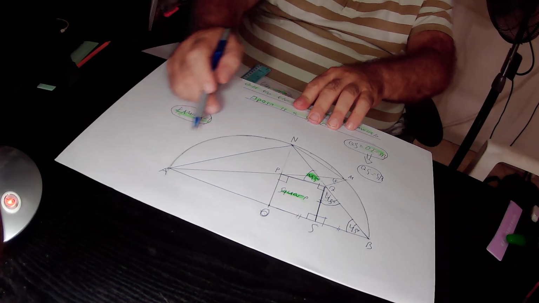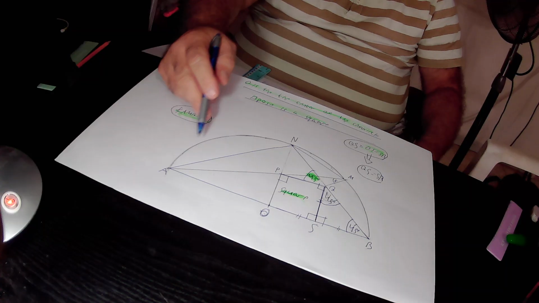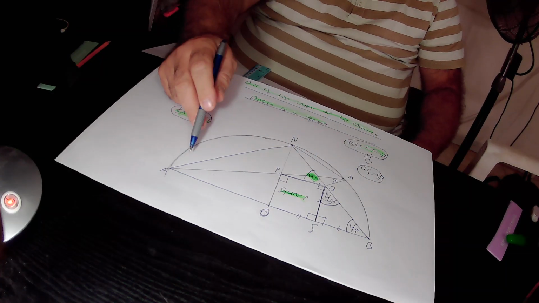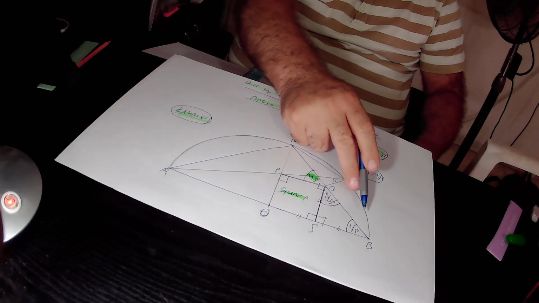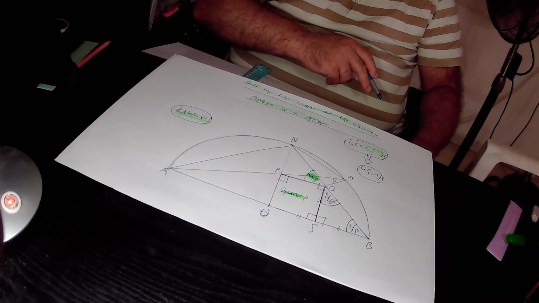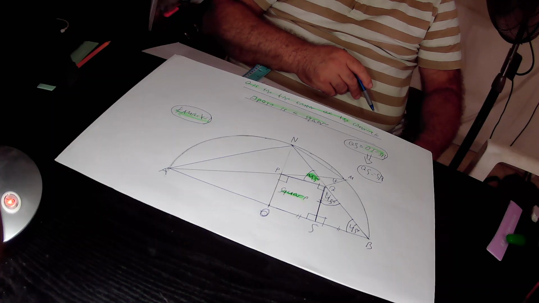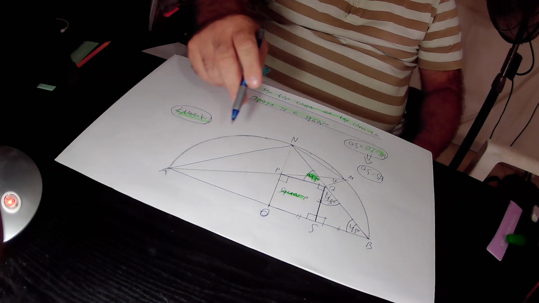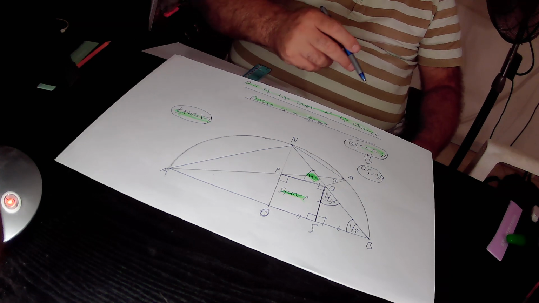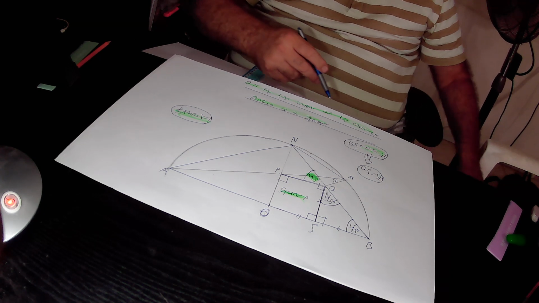By joining points A and N, we get triangle ANB. Triangle ANB subtends on AB, the diameter of this semicircle. And according to rule 7, any angle that subtends on the diameter of a circle or semicircle must be equal to 90 degrees in its size.